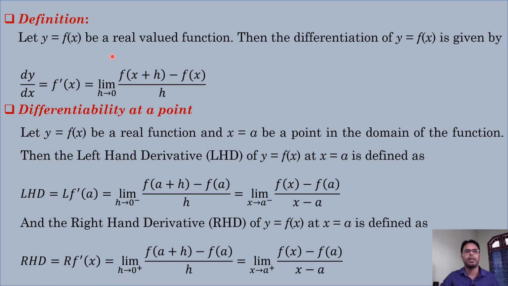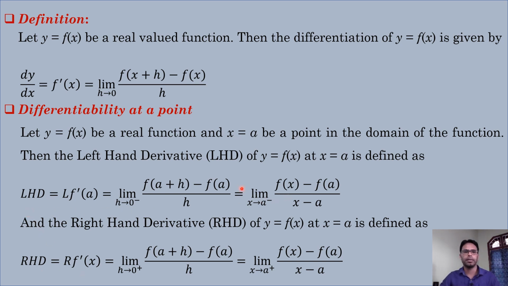Now the definition of derivative remains the same here: f(a plus h) minus f(a), divided by h. You got my point. And the same substitution will be used again: a plus h is taken as x, so (f(x) - f(a))/h becomes (f(x) - f(a))/(x - a), and it is a plus because of the right hand limit. So this is the right hand derivative, and the other is the left hand derivative.